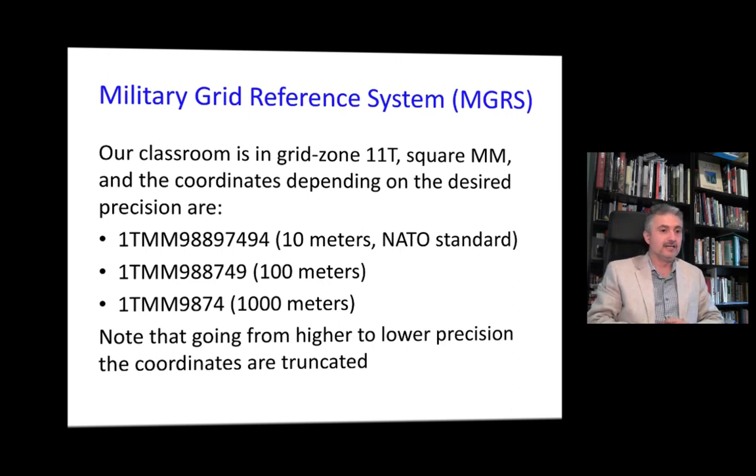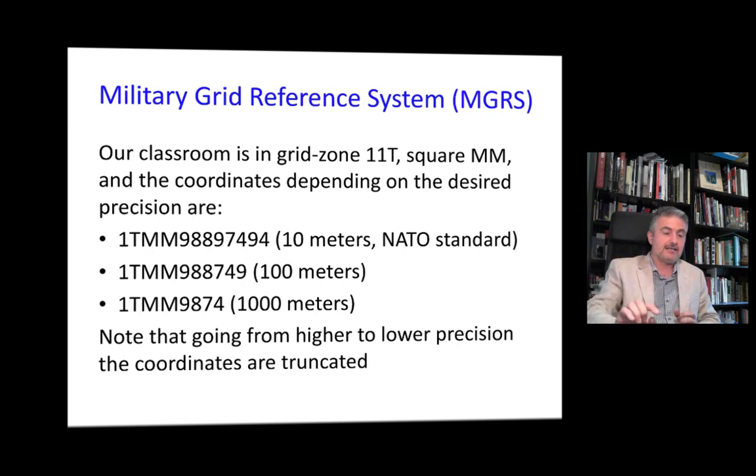This is a very convenient system because by the number of characters in the string, you immediately know what the precision is. And very important, when you go from higher precision to lower precision, there's never any rounding. The coordinates are simply truncated. So it's a nice system to go up and down in precision.